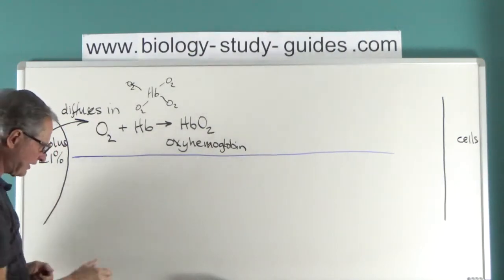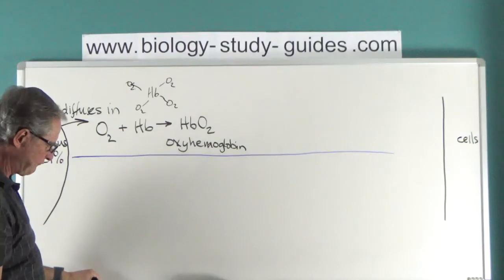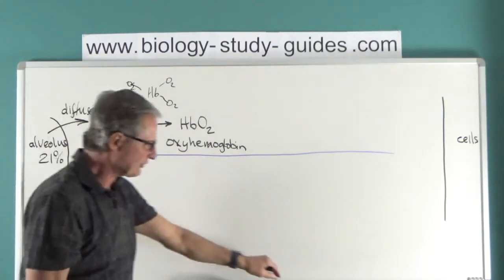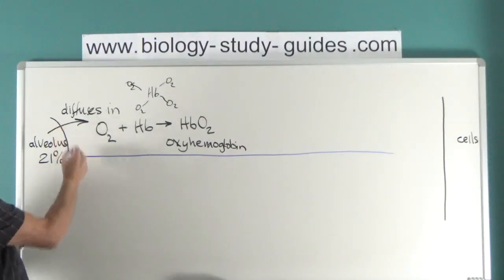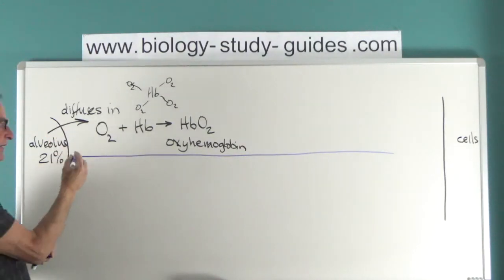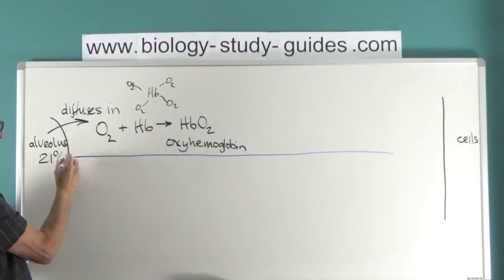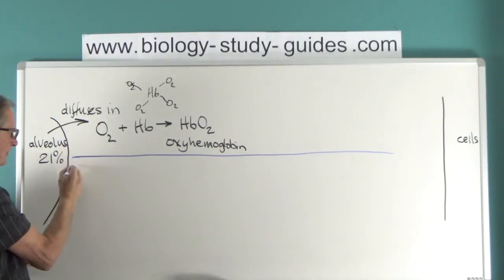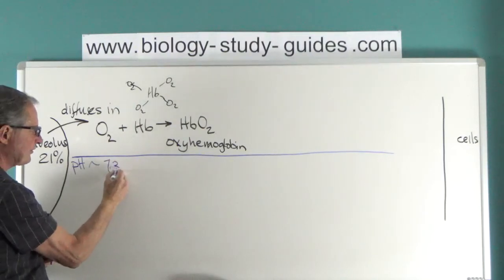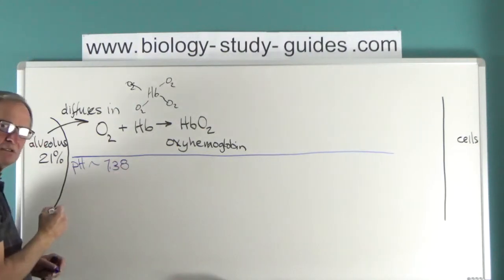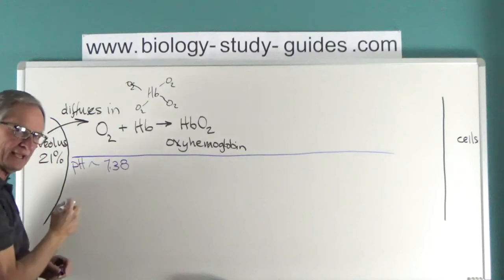One thing that we have to consider before we go any further is what the conditions of the blood are like near the alveolus. The blood has a pH of very close to 7.38. It's slightly alkaline.